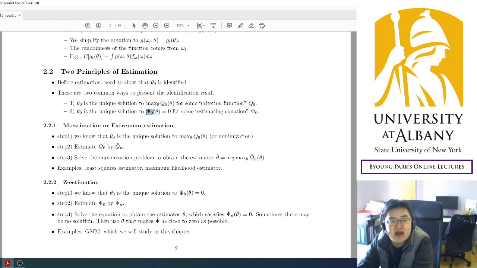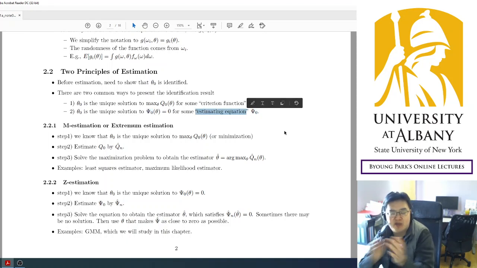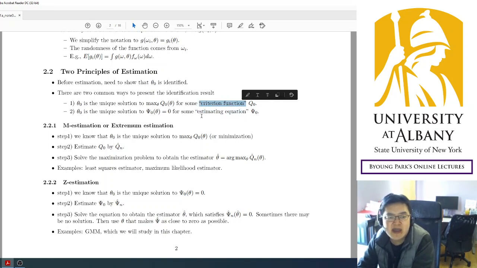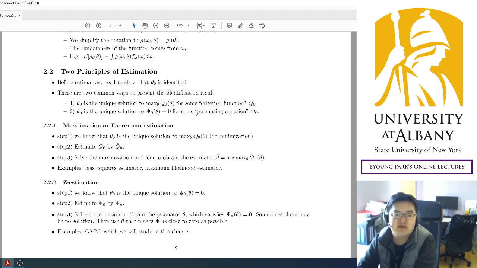In this case, I'm going to call psi 0 the estimating equation. Also, it does not have a good name. By the way, I'm combining results from different papers and different textbooks. So criterion function is commonly used, but estimating equation is not a common name. I could not find any better name, so I'll just call this the estimating equation.